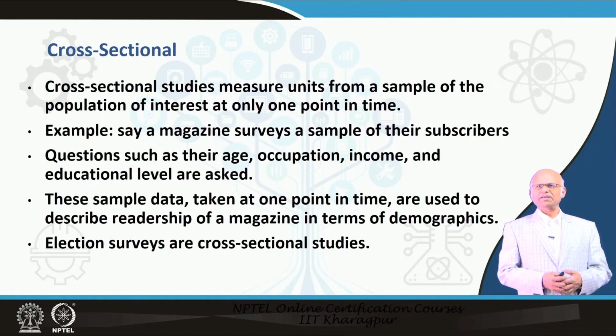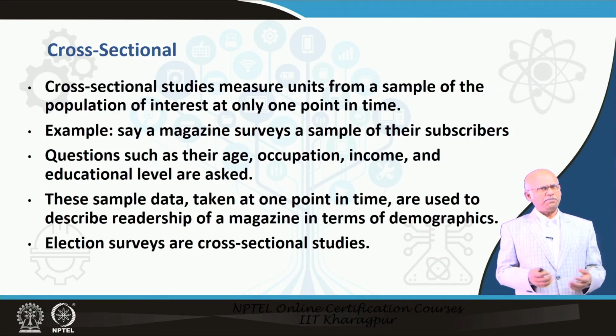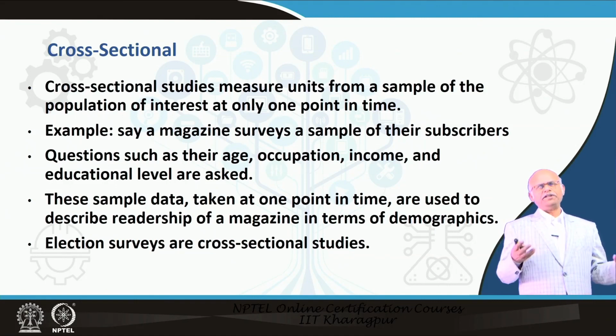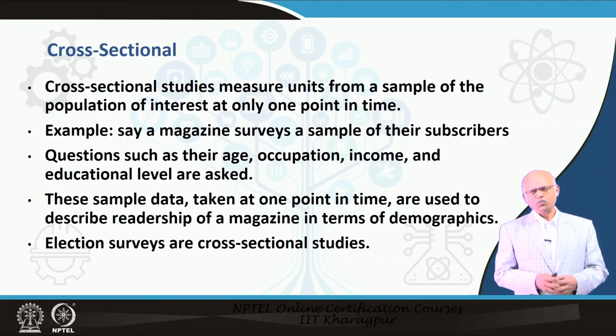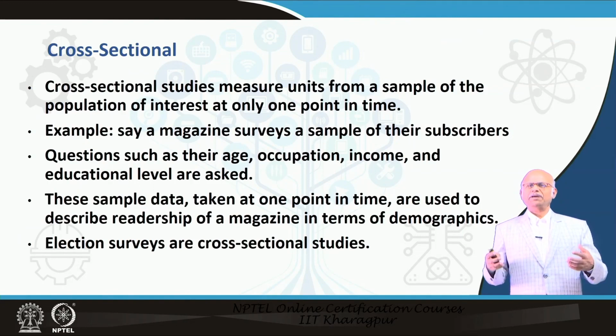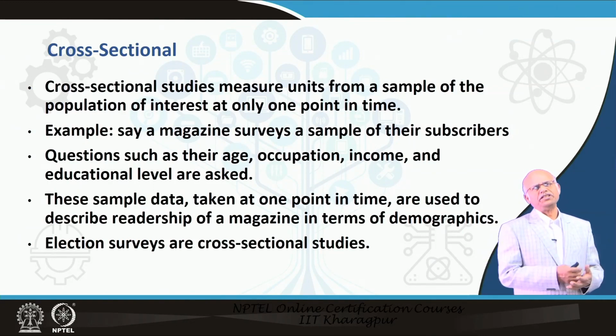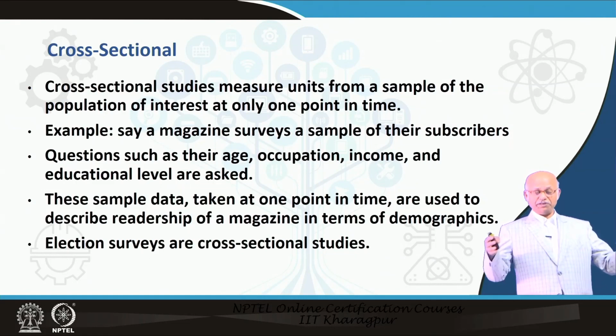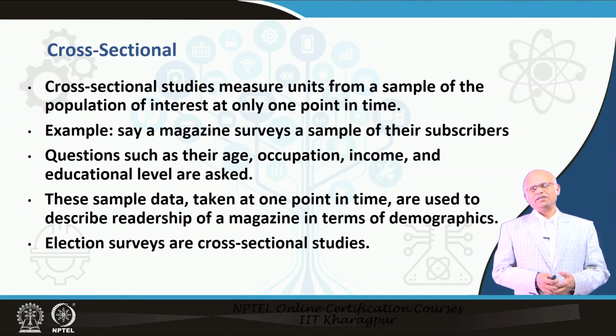Cross-section is the population of interest at only one point of time. See, a magazine surveys a sample of subscribers of different age groups at a particular time to understand which demographic is more interested in a particular kind of article.